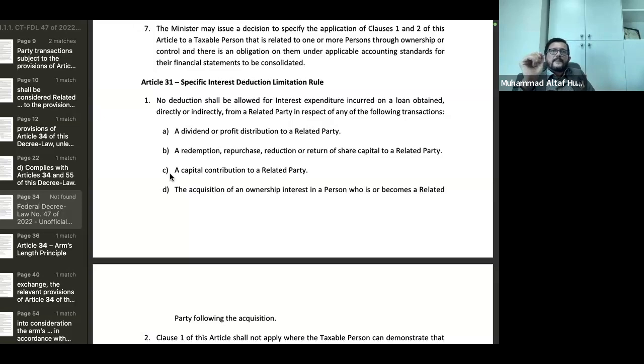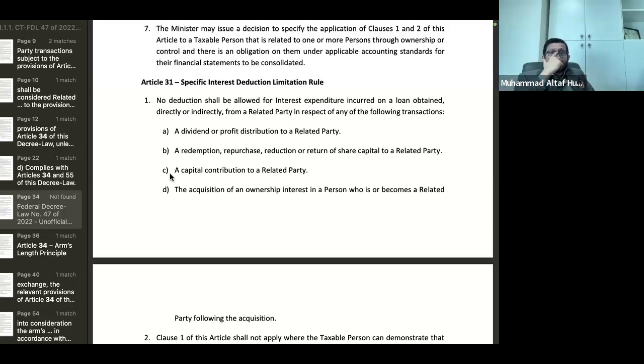Then the safe harbor also came, like up to 12 million dirhams of net interest expenditure is allowable. So when we start looking at interest expenditure, we don't think twice. We first of all ask, how much is your total interest expenditure? Well, around 5,000, 10,000, 100,000, 500. It will never reach 12 million.